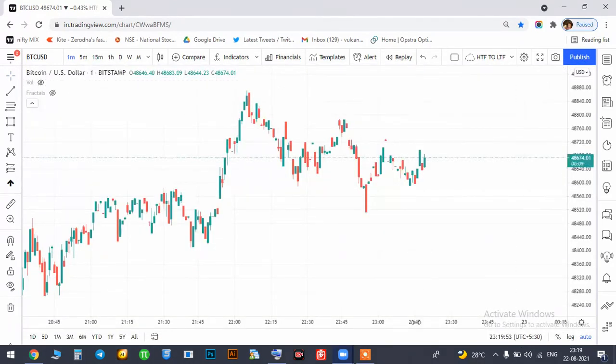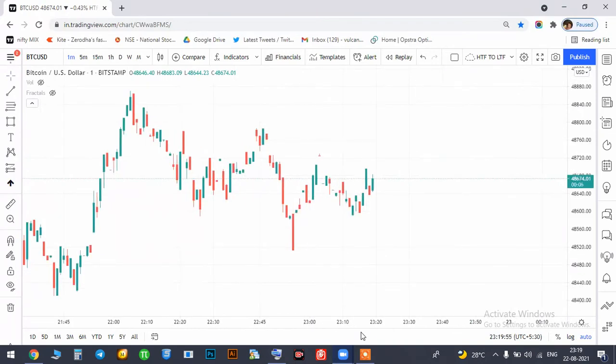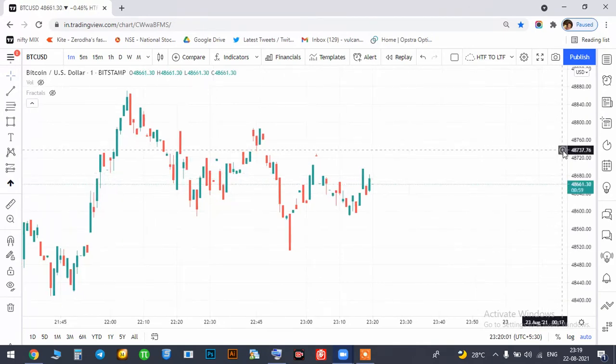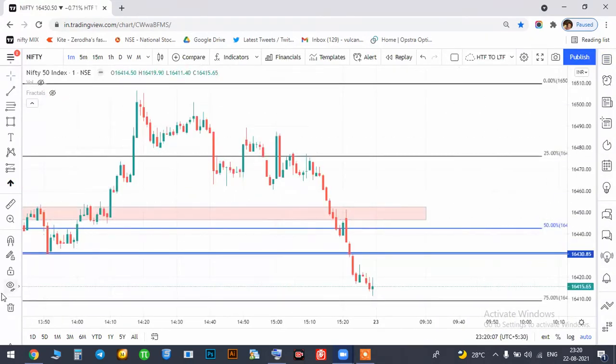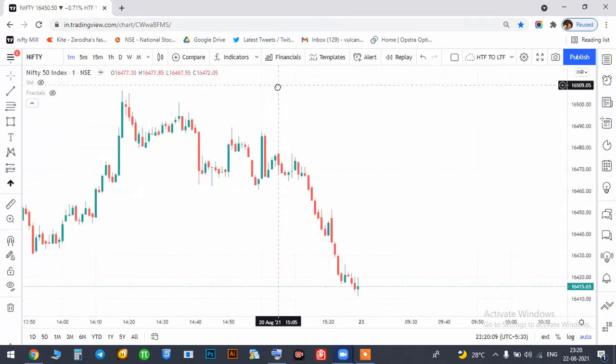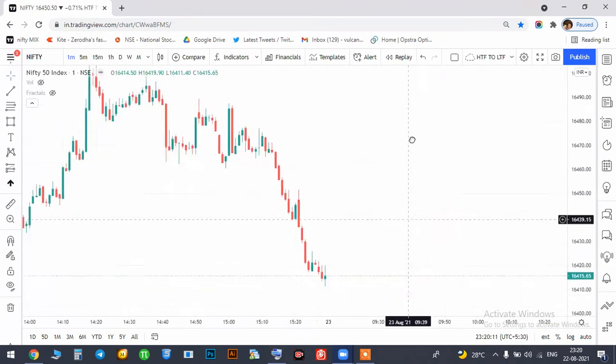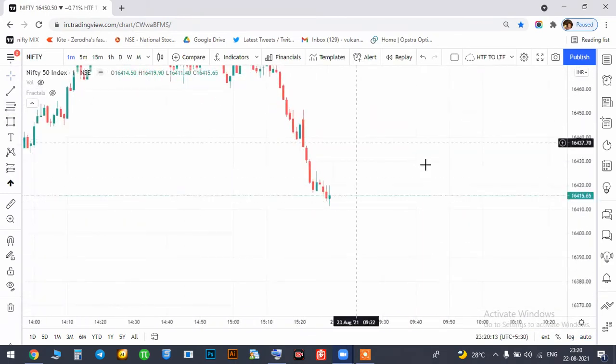Paper trading. Yes. So you can do that thing also, like I told you here. Suppose this is Nifty, okay? And you want to short the market in your paper trading account here.